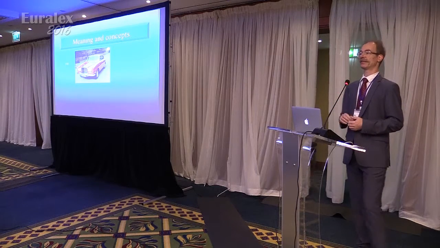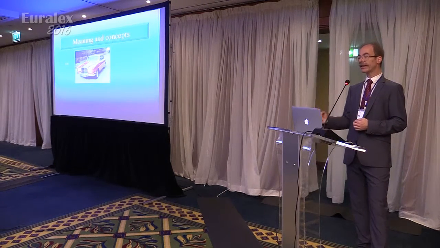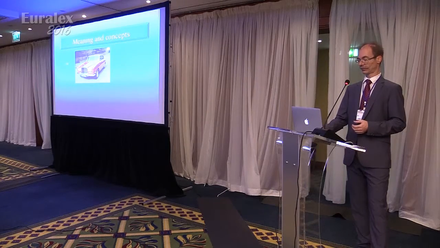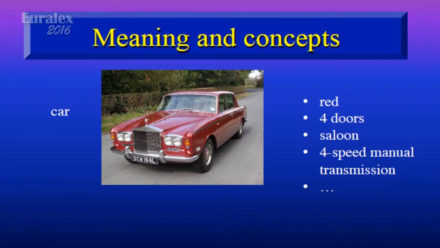But any picture will be a lot more specific than the meaning of car actually is. This car is red, and it has 4 doors. But not all cars are red.